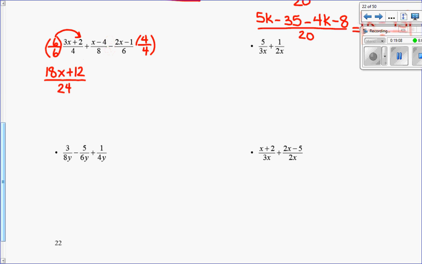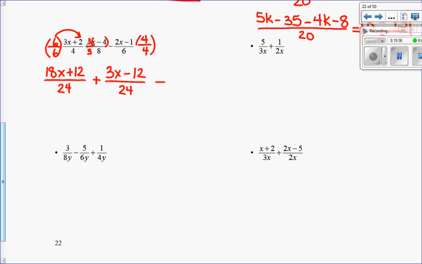I'm going to just rewrite that so that I don't cover up this minus sign. So I'm multiplying this side by 3 over 3. Okay? And I have to remember to multiply that by both the x and the negative 4. So I've got 3 times x, which is 3x. And I've got 3 times negative 4, which is negative 12. And that's all over a denominator of 24.